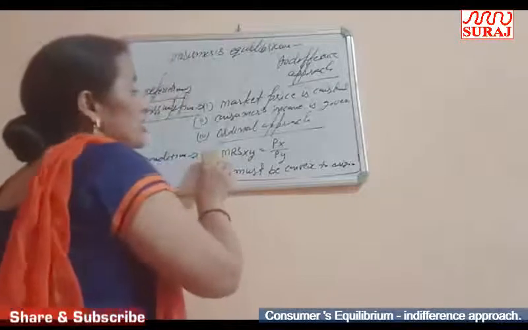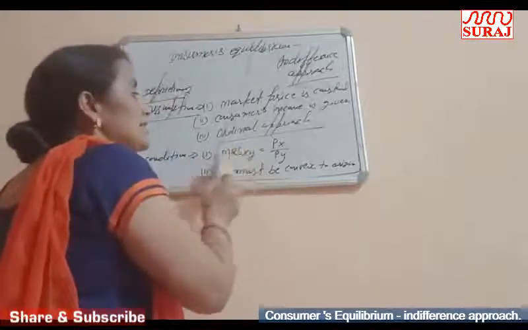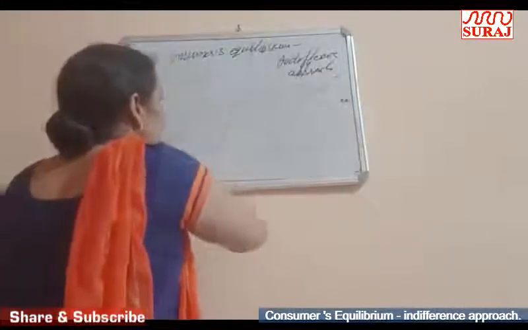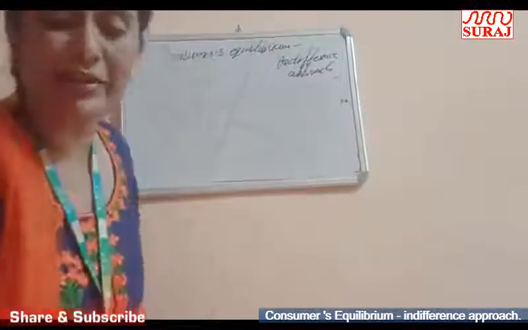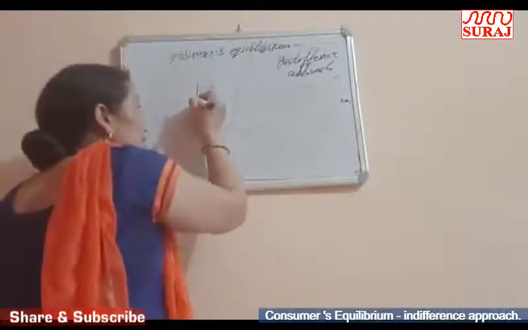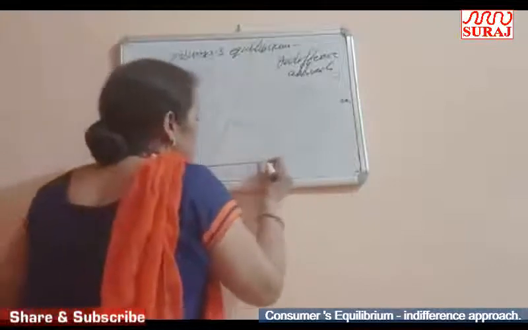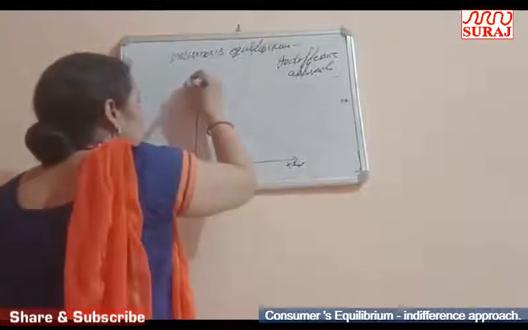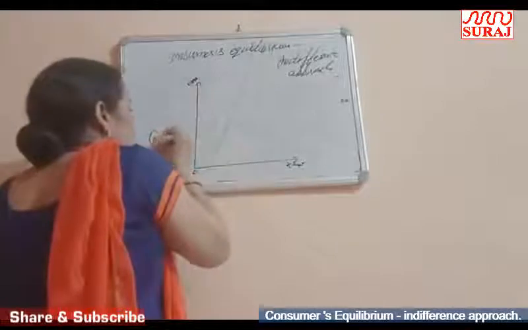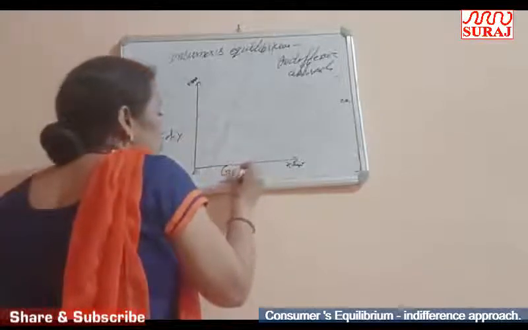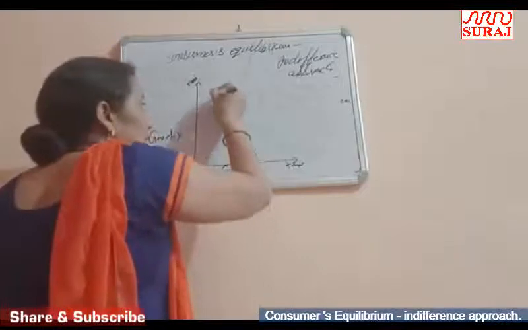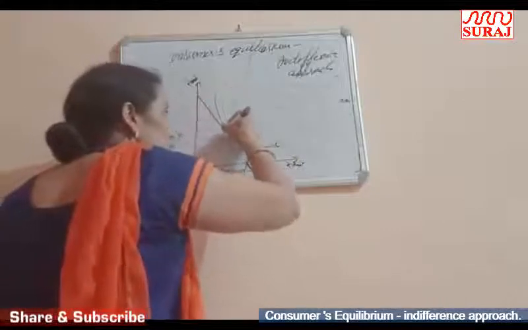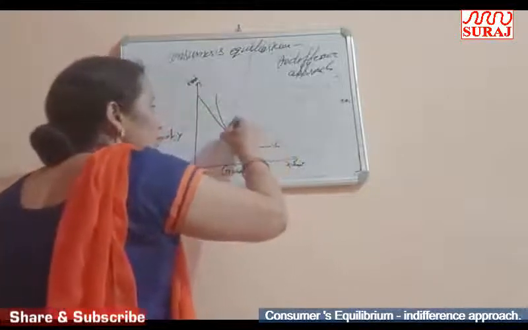The first condition is where MRS XY is equal to Px upon Py. It can be explained with the help of a diagram. We have the x-axis and y-axis, good Y and good X. This is the indifference curve, and we have the slope of IC and the slope of the budget line.